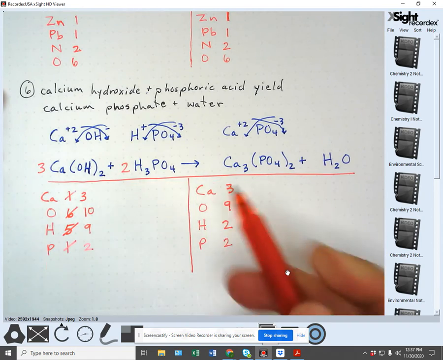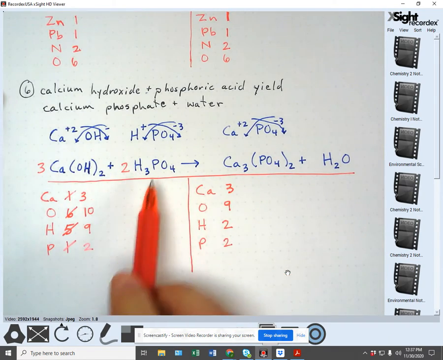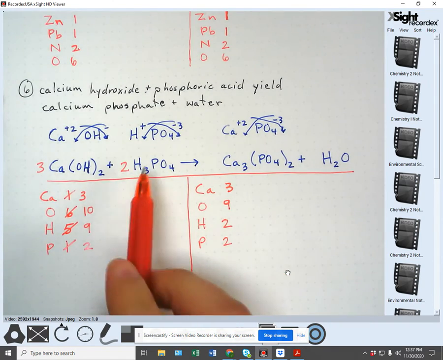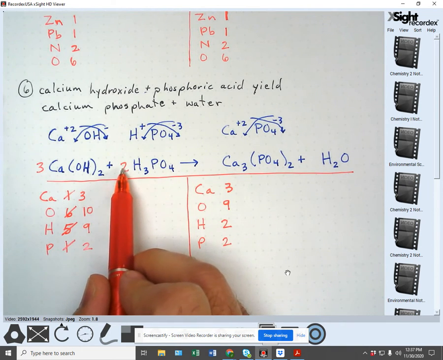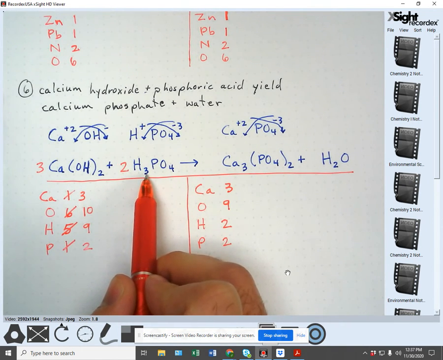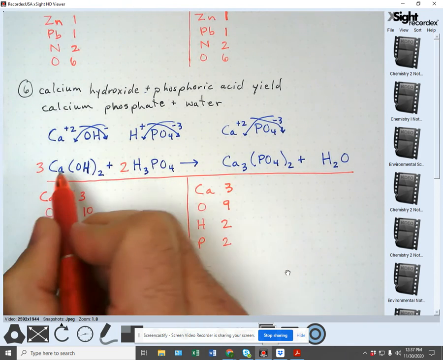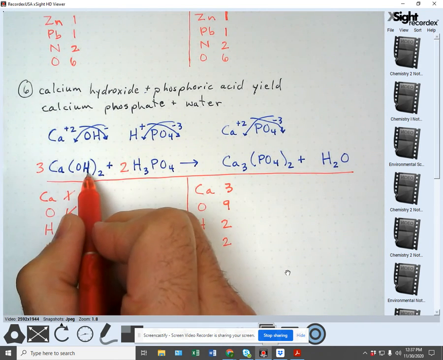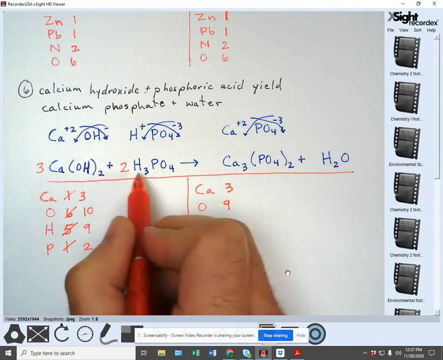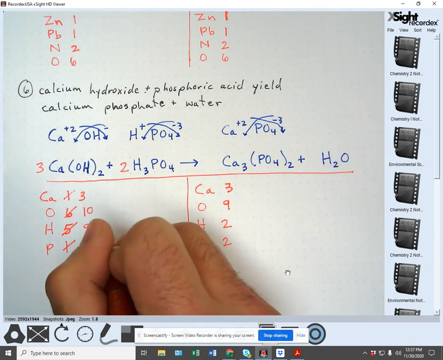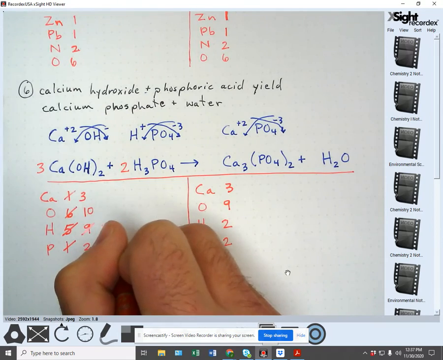All right, now let's see what that does to the rest of the stuff here. So that's going to affect our hydrogens, right? So we've got 2 times 3, 6 hydrogens here. Okay, and we've got 3 times 2 times 1, 6 hydrogens here. So 6 plus 6 takes our hydrogens to 12.